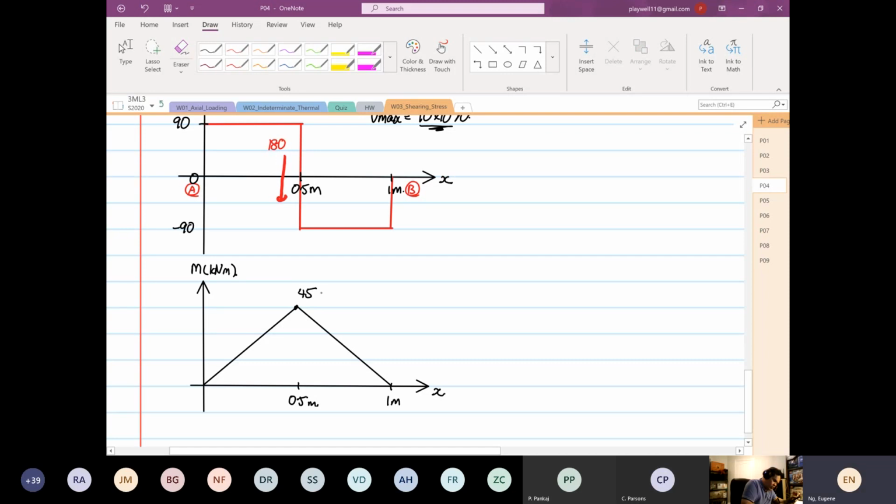We have just constructed our bending moment diagram, where Mmax is equal to 45 times 10 to the power 3 Newton meter.